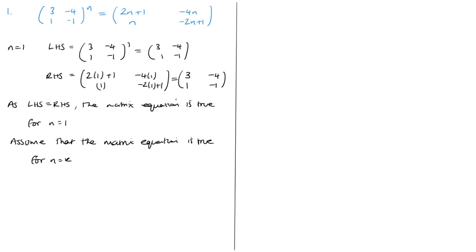And if it is true for n equals k, this will give me that this matrix is equal to this matrix. And what we're doing is showing it's true for 1. So when k is 1, this is true.